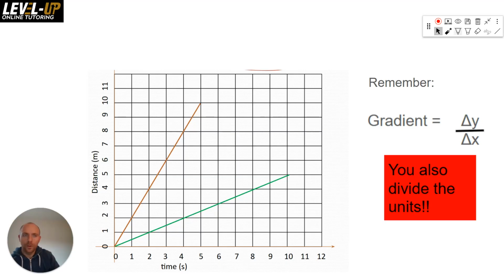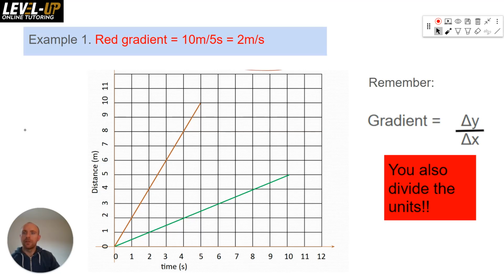Let's have a look at the red line here, or the brown, looks a bit brown to me. The red gradient here, we're going to take the change in y over the change in x. So here's our change in y. I'm going to take the whole line. Okay, I'm not just going to do a tiny little box here.